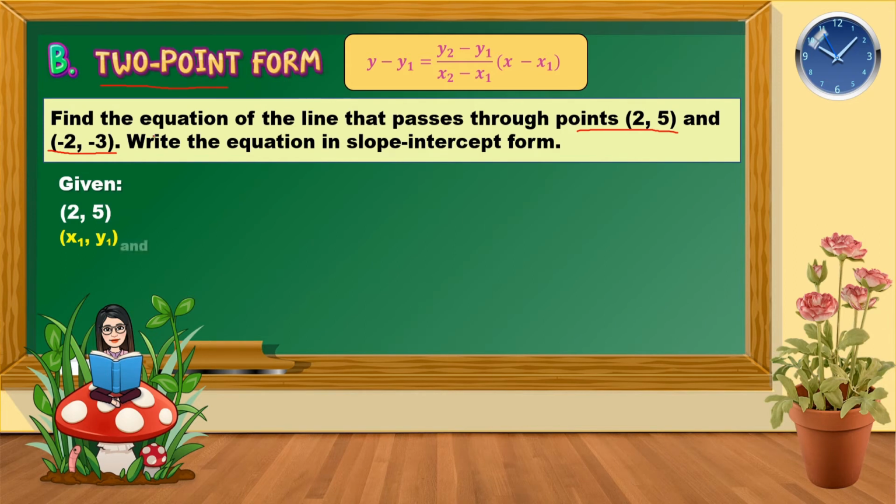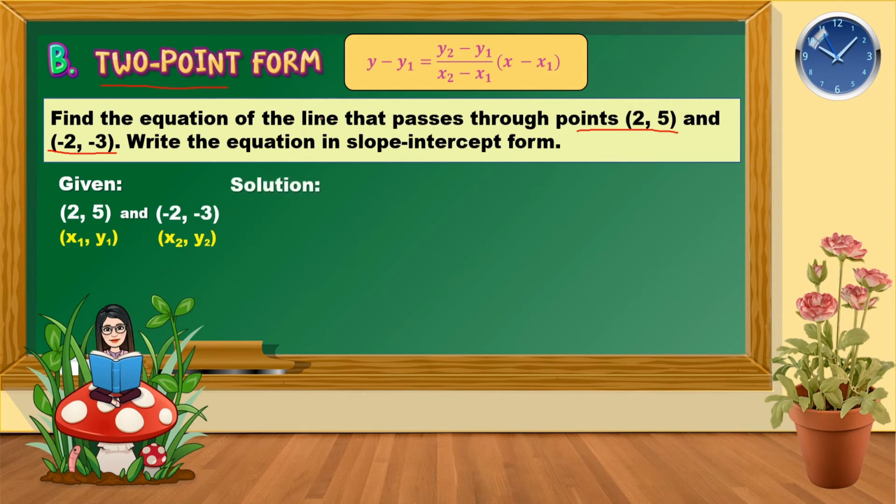And then we have negative 2, negative 3 as our second point. So, pwede natin din ilagay ay x sub 2, y sub 2. Bakit meron pang ganito? Actually, pwede naman siyang hindi nilagyan. Kaya lang, para hindi tayo malito later sa pagkuha ng equation of straight lines, ilagay natin ito para may pattern tayo, para hindi tayo mawala. Okay? Let us solve.